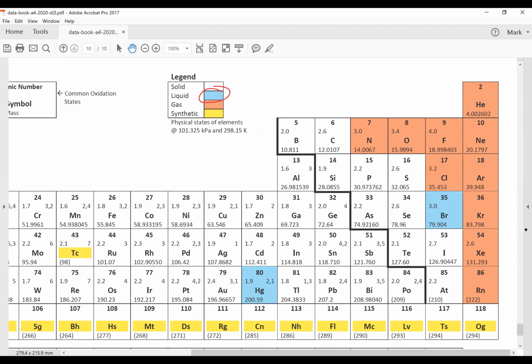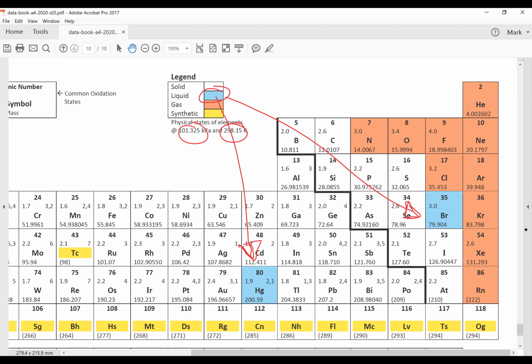Well, what about liquids? Well, there's only 2. Now, I should mention that the phases on this periodic table are at a certain pressure and temperature. So if you change the temperature, some of these things might change. But we always consider that we're at room temperature or 25 degrees Celsius or something like that.